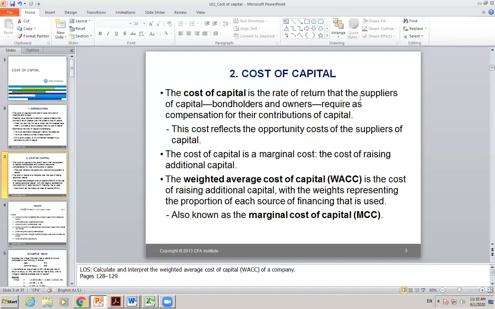So whenever you invest as an owner or creditor, you expect from a certain project a kind of compensation. That compensation is referred to as return. That return should be higher than the cost of capital. So the cost reflects the opportunity cost of the suppliers.